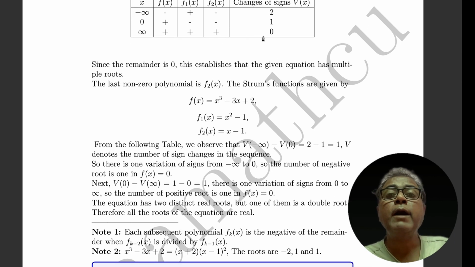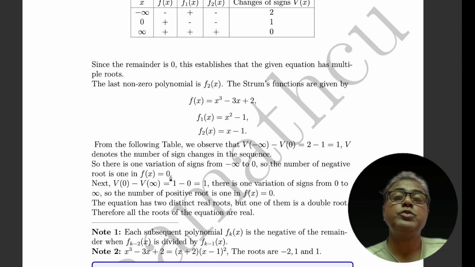So we find for minus infinity it is 2, and for 0 it is 1. The difference of sign changes is 2 minus 1, which equals 1. V denotes the number of sign changes in the sequence. So there is only one variation of sign from minus infinity to 0, so the number of negative roots of f(x) = 0 is 1.